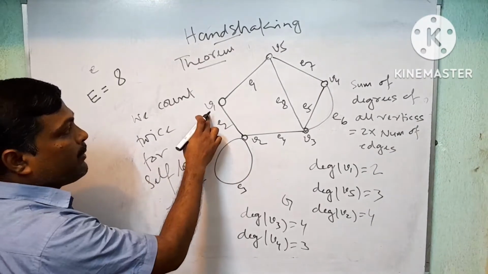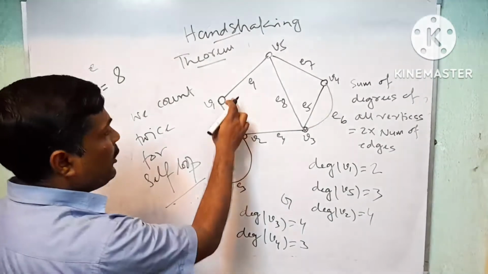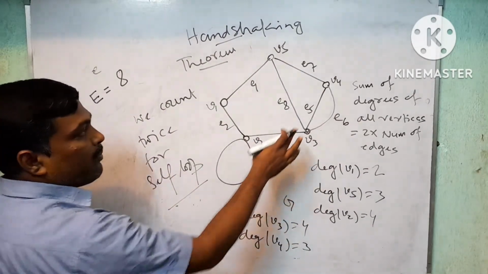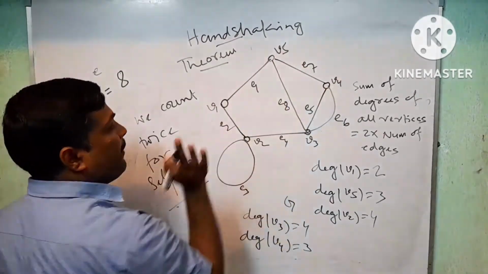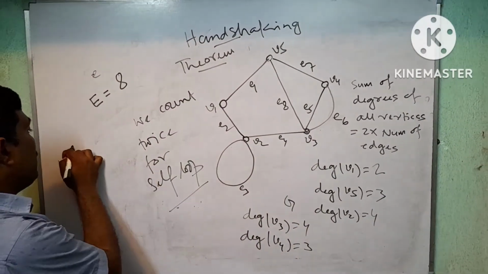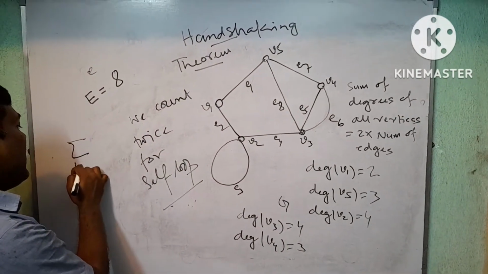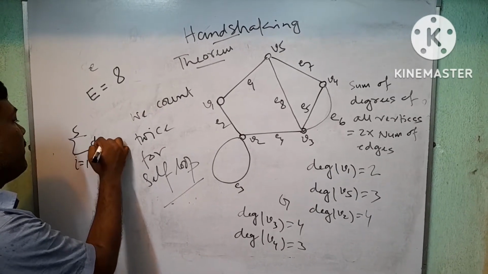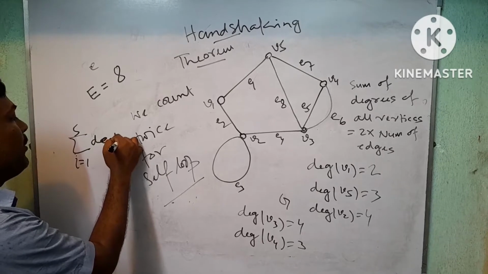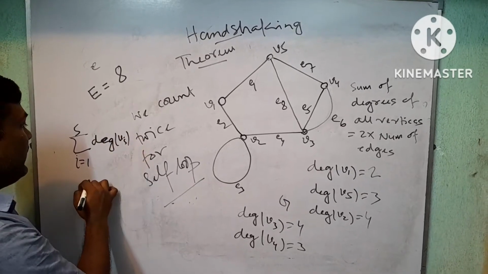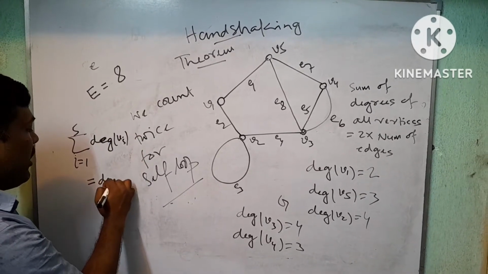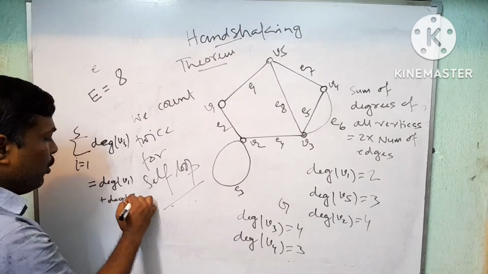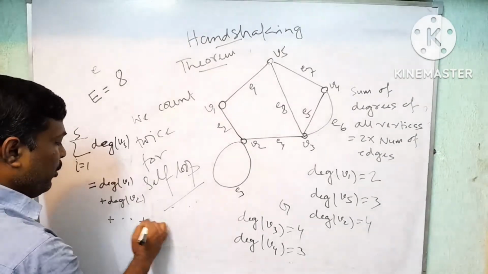Now, the degree of vertex V1 is 2, V2 is 4, V3 is 4, V4 is 3, and V5 is 3. Calculate the sum of degrees of all the vertices of this graph, i equals 1 to 5: degree of V1 plus degree of V2 plus up to degree of V5.